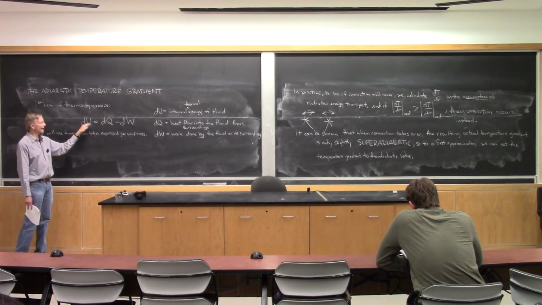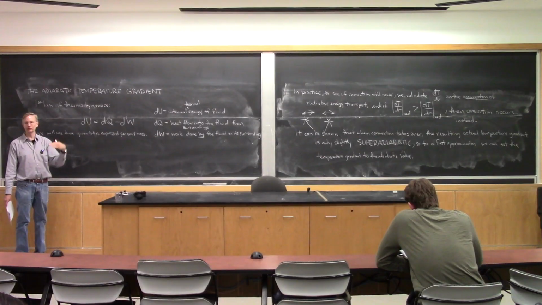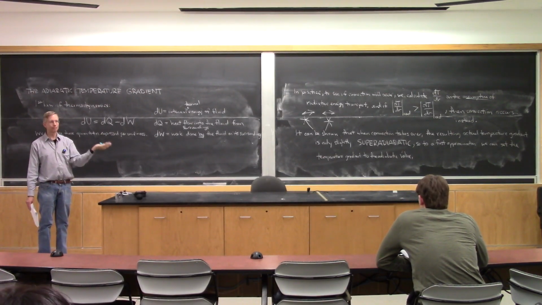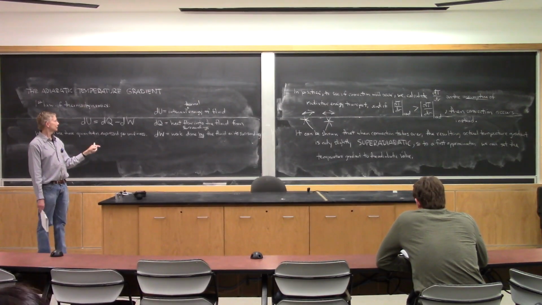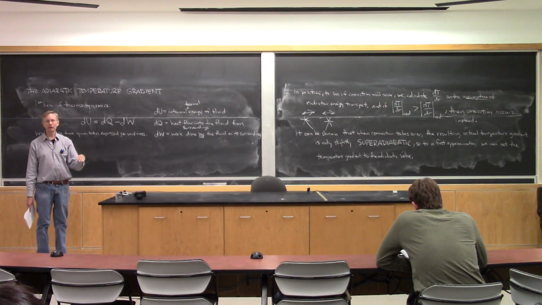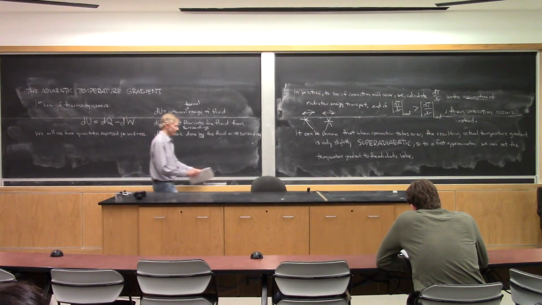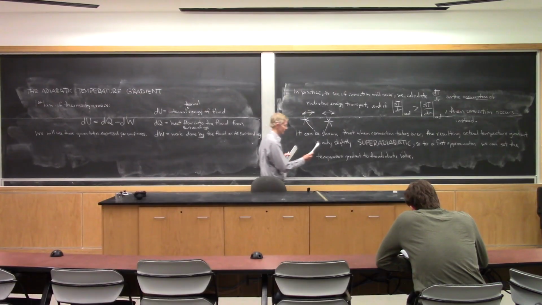So dU is not the energy itself, it's the energy per unit mass, the total energy of the fluid divided by its total mass. dQ is not the heat flow itself, it's the heat flow divided by the mass of the fluid. Same thing for dW, we're always dividing through by the mass of the fluid.